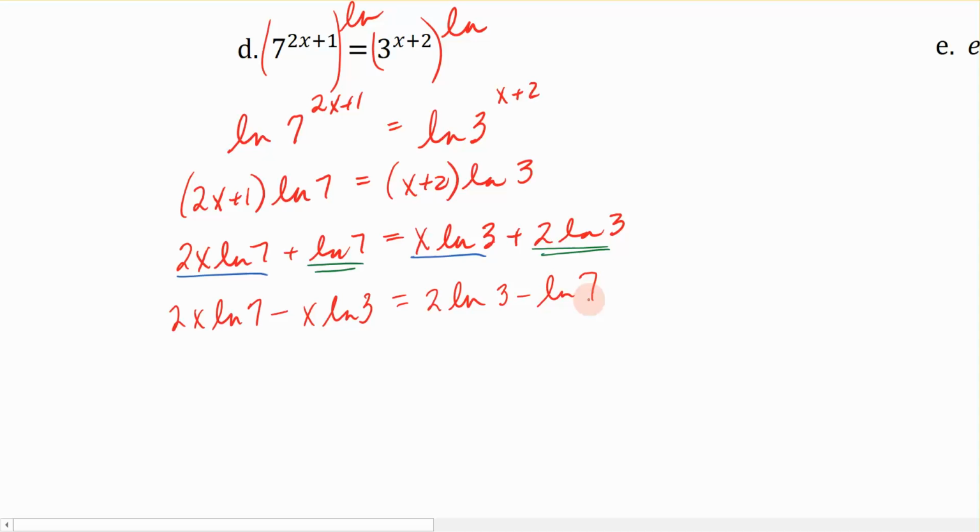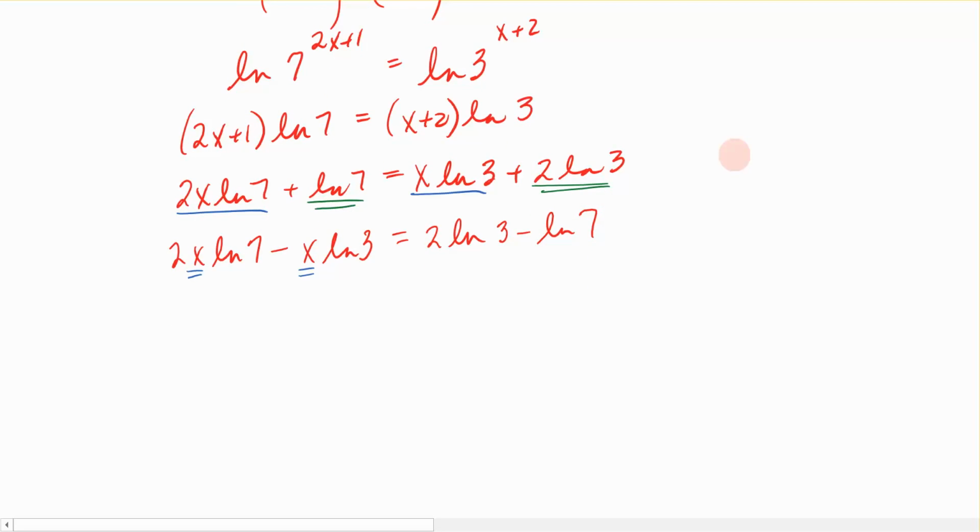The next thing that I want to address is still trying to solve for the variable x. Notice now that in this term I have an x and here I have an x, so I can factor an x out of both of these terms. So I get x times (2 ln 7 minus ln 3) equal to the right side, 2 ln 3 minus ln 7.